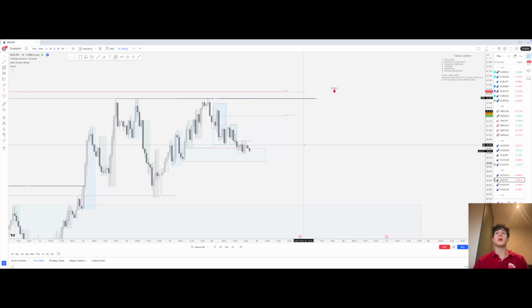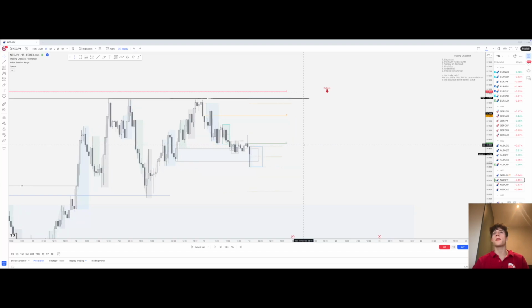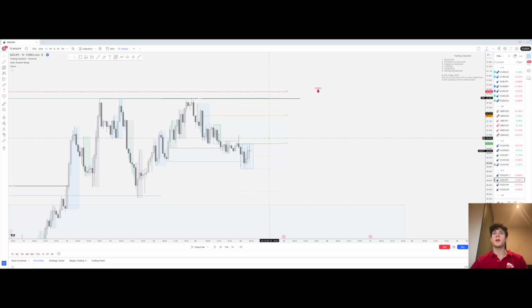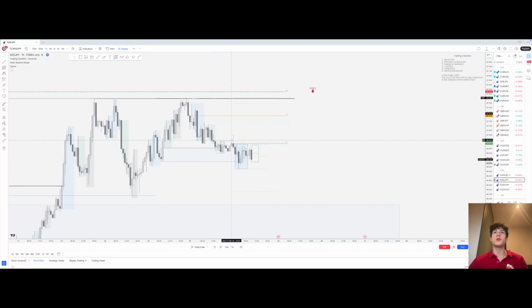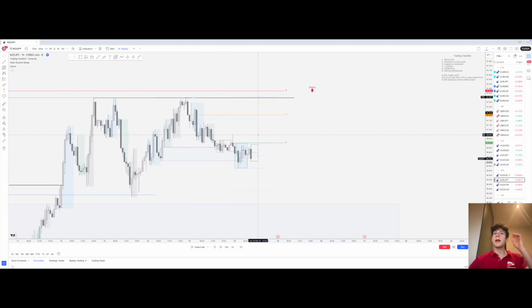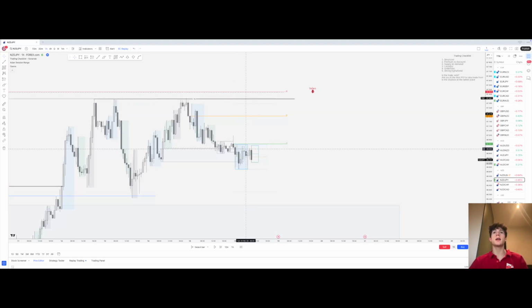So I will just wait for the next morning to happen, because as you can see we broke the fractal high over here, but immediately we broke the fractal low over here, and that's why I do not take any trades after New York, because you can see that it doesn't work for my style of trading.